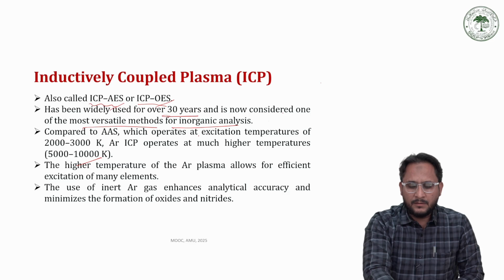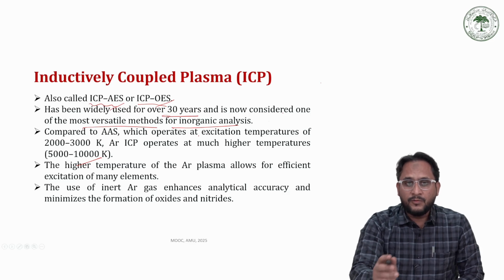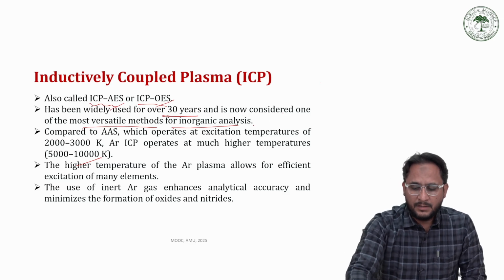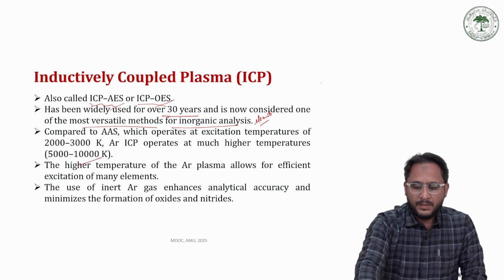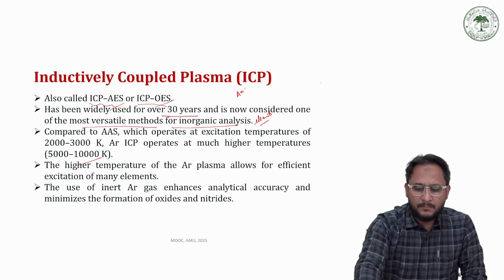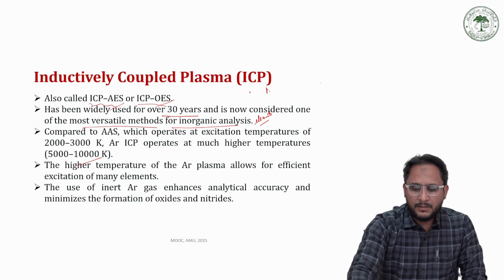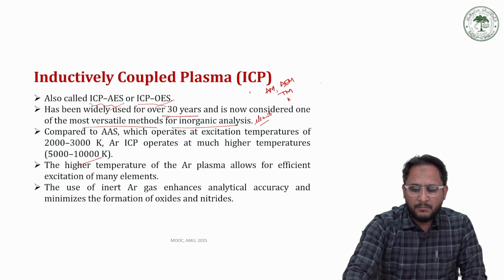It is one of the most versatile methods for inorganic analysis, which means it can be used for the analysis of elements like alkali metals, alkaline earth metals, transition metals, and metalloids.